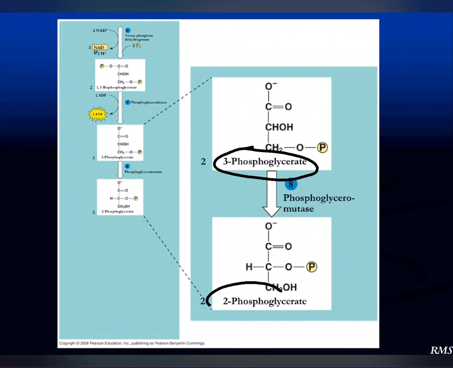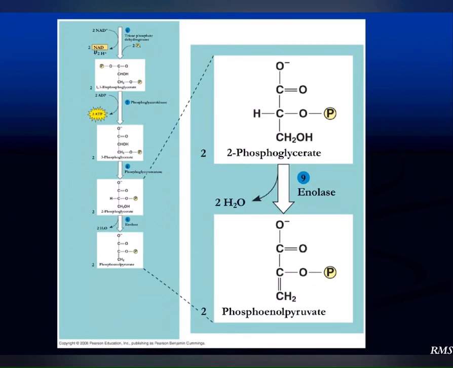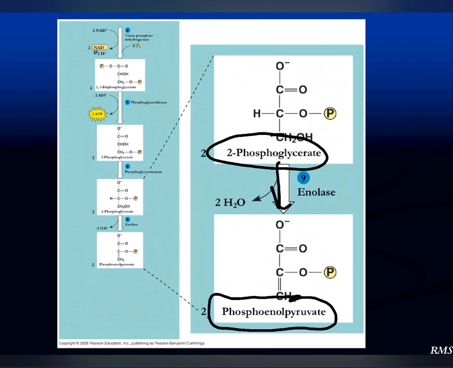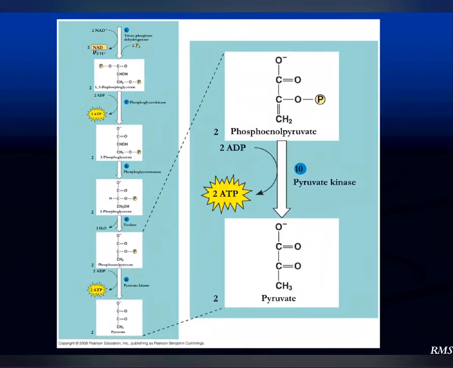3-phosphoglycerate is then converted into 2-phosphoglycerate by an enzyme called phosphoglycerate mutase. The next step is taking that 2-phosphoglycerate and converting that into phosphoenolpyruvate by an enzyme called enolase. And then finally, we take that phosphoenolpyruvate and convert it into pyruvate.